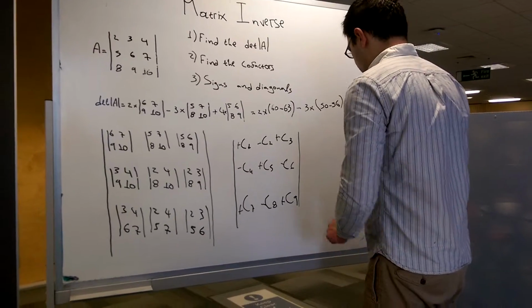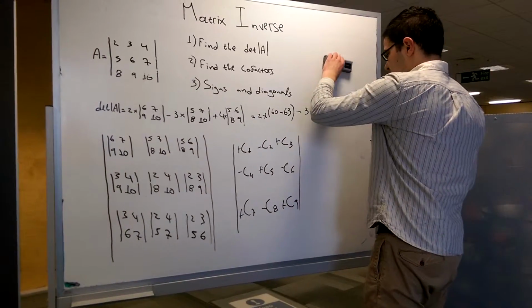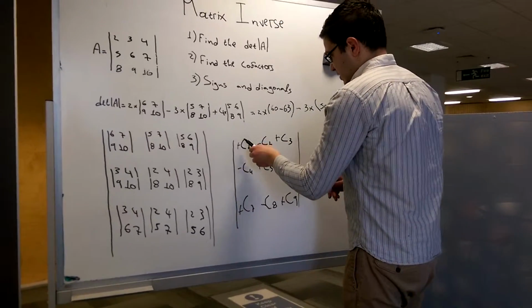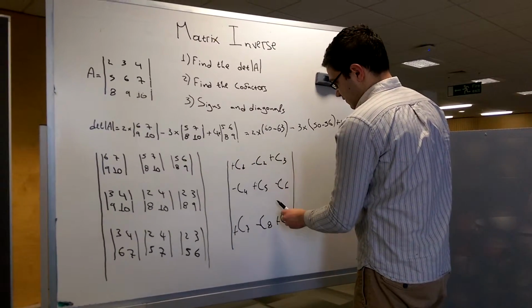Once you do that, the next step is to swap the entries across the main diagonal of the matrix.